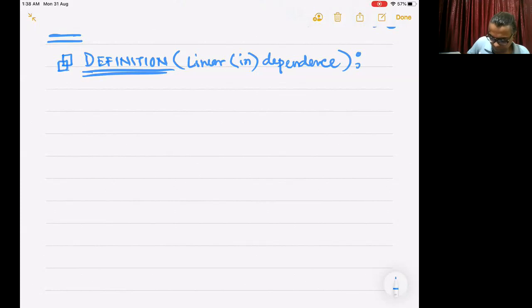So say, let S be a subset of V, where once again the standing assumption is that V is a vector space over a field F. So let S be a subset, possibly infinite.